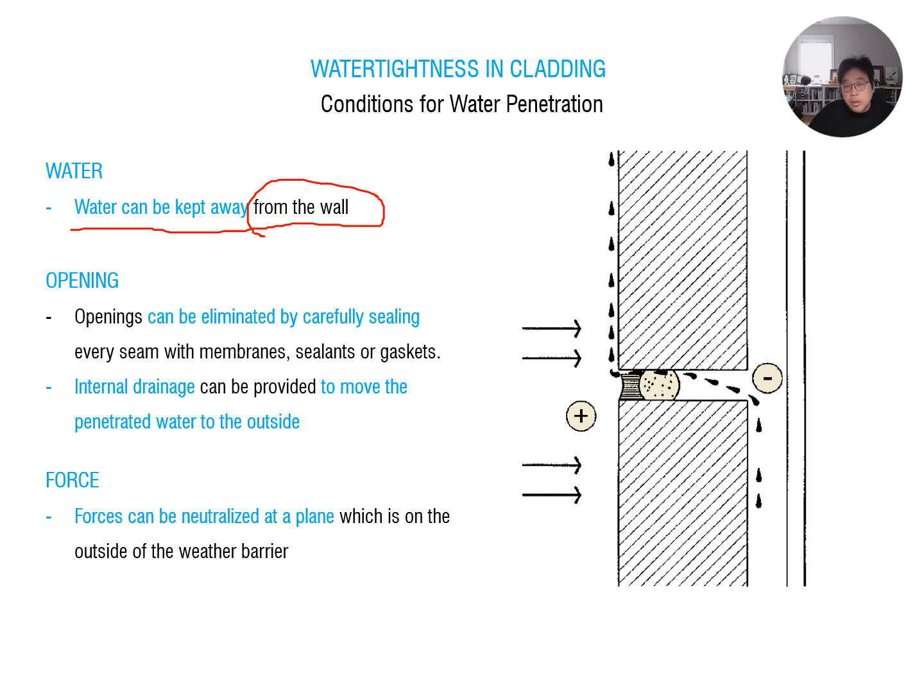So what is the major concern about water penetration? We need to consider openings. Openings can be eliminated by carefully sealing every possible joint. And forces are always present, such as gravity and wind forces like lateral forces. These forces keep delivering water from outside to the inside.